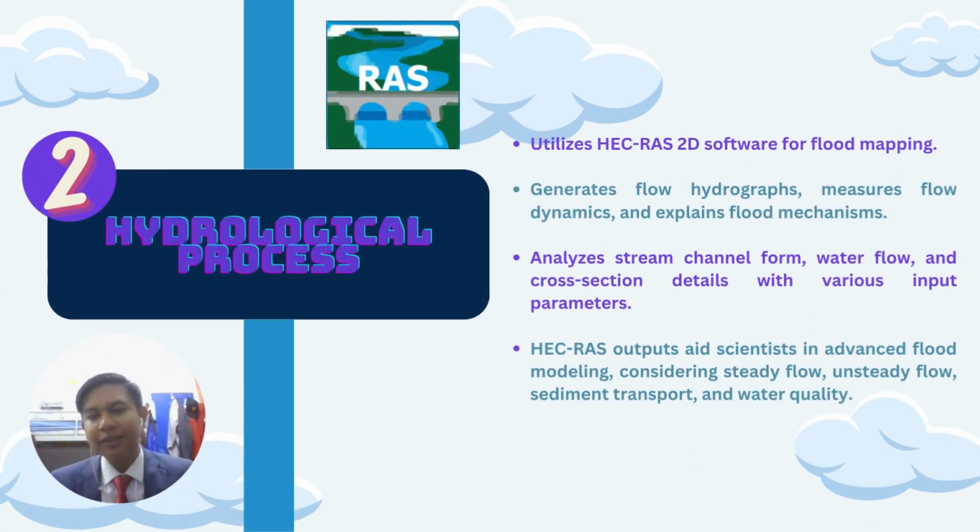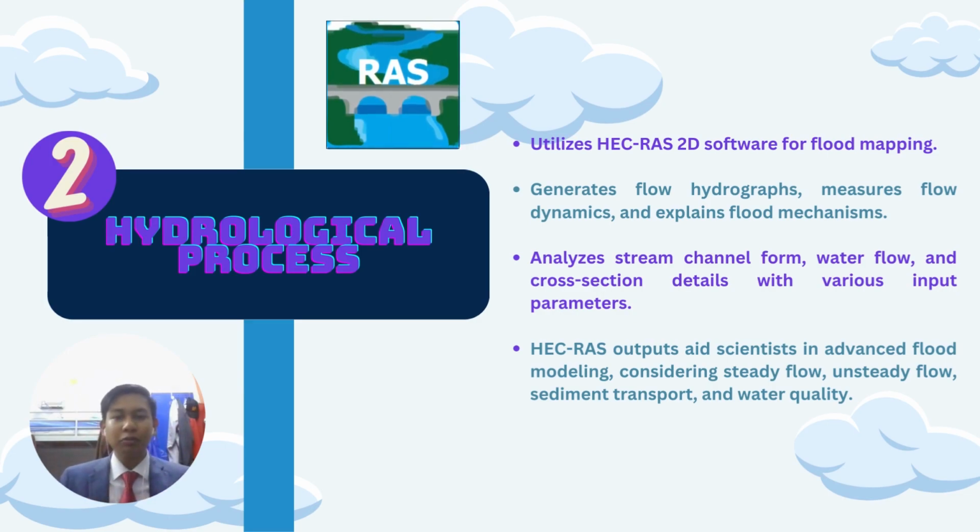Okay, the second method is hydrological process. So in this method, we utilize HEC-RAS 2D software for flood mapping. We use it to generate flow hydrograph, measure flow dynamic, and explain flood mechanism.